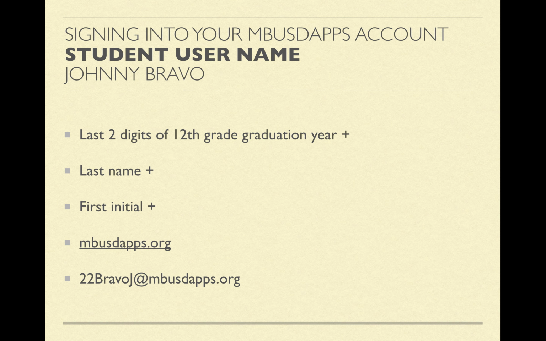That means that anytime an educational resource is asking your child to log in using a Google account, they are likely going to use these exact same credentials. MBUSD apps is often misspelled by students, or the word apps, the little last part, is sometimes forgotten. And I have been very guilty of that. So make sure that you've got it spelled just right.